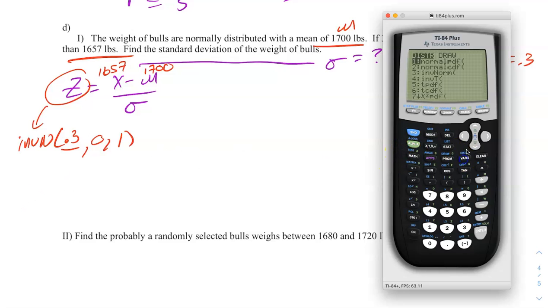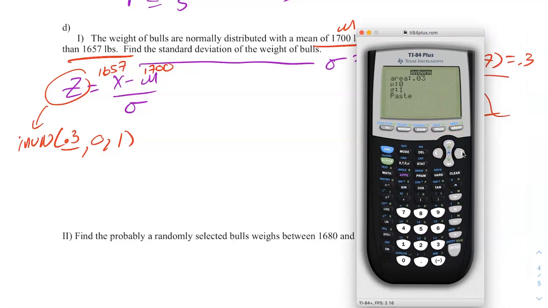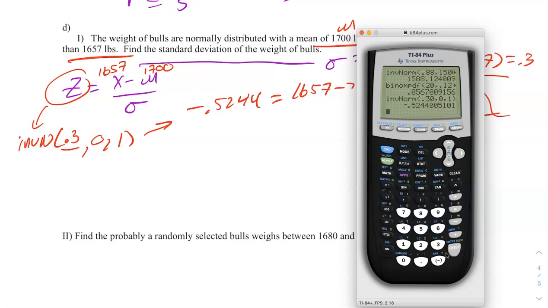So second distribution, invert normal, 0.3, sorry, not 0.03, I almost said 3%, it's 30%. There we go. Everything else is fine. So I get negative 0.5244 equals 1657 minus 1700 all over sigma.